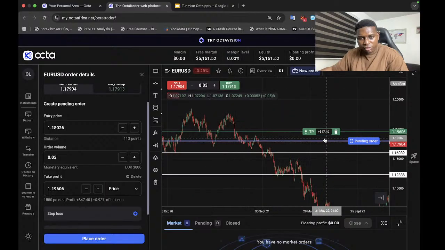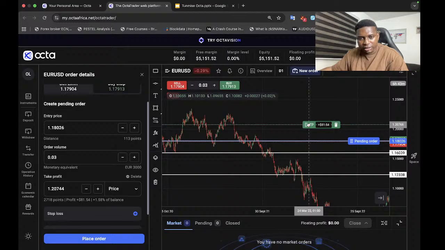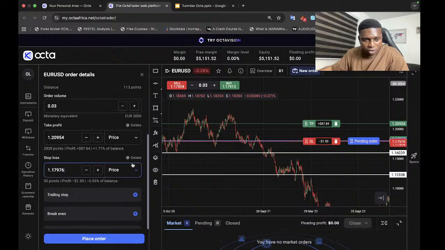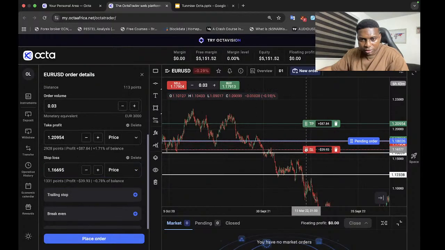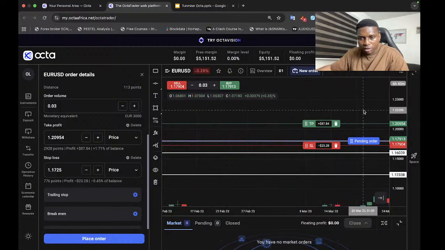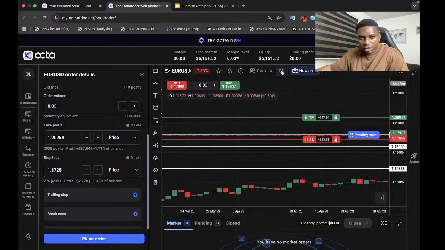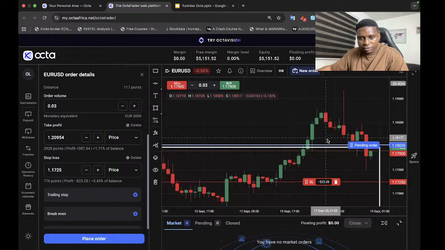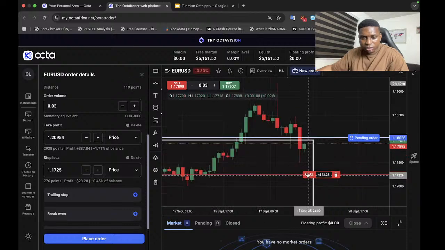Okay, good. So let's target here. Yes, let's target this level as our take profit level, and for stop loss, I have to zoom in on the current market price on the 4 hours time frame. Good. So we just set the stop loss here. Perfect.